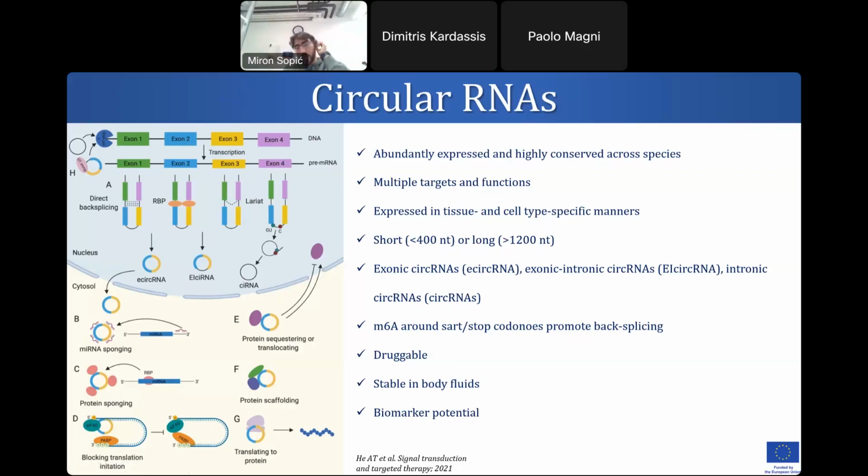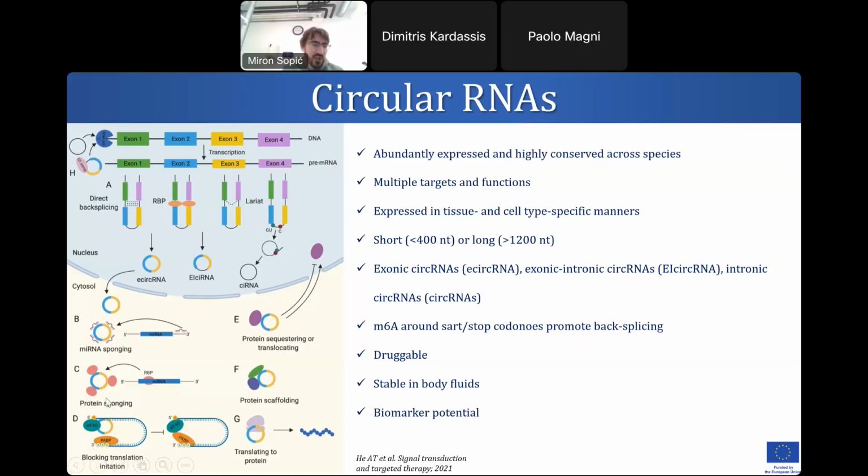Regarding the function of circRNAs, mostly in the literature you will find that they are, as mentioned earlier for long non-coding RNAs, miRNA sponges, which means that they can bind many microRNAs, and then they diminish the effect of these microRNAs on the target RNAs, and so save certain target RNAs.